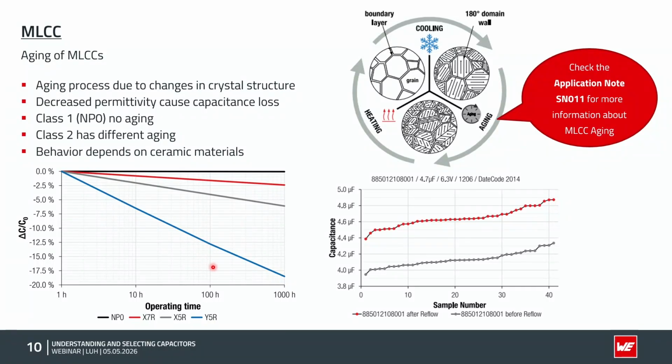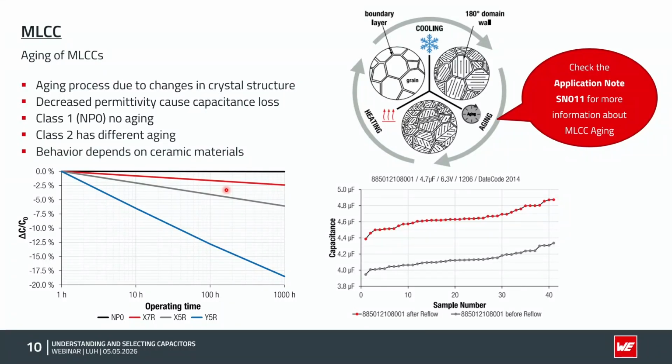So you see that there's some drop, and you can see also that it's a little bit different when we talk about different technologies such as X7R, for example, which has more or less a smaller capacitance drop over time than X5R, but they lose capacitance over time. And what can we do in order to restore it?